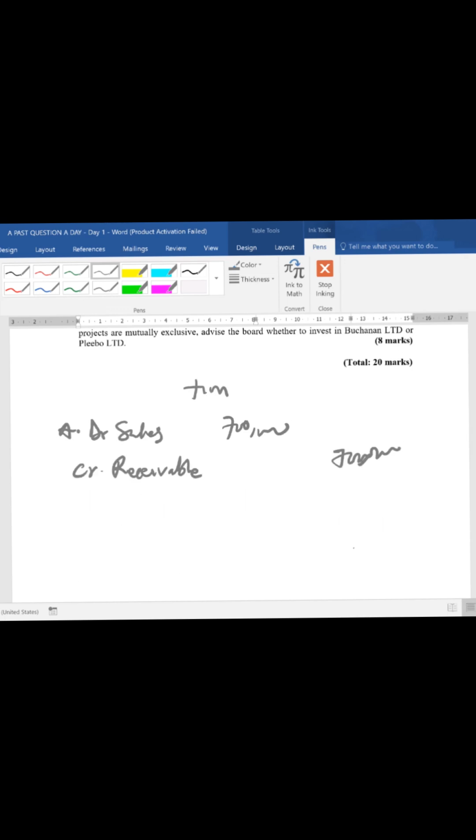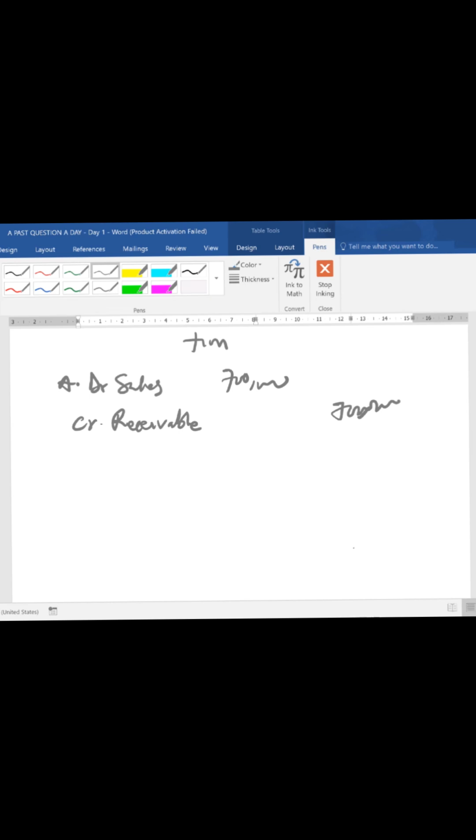Then the second one, we have inventory that belongs to a third party, which has been reported in our books. So we have to take it off. We are going to do that by reducing our closing inventory in our balance sheet. It's also going to affect the cost of goods sold we have in our profit or loss statement, because closing inventory is deducted there before we arrive at our cost of sales.